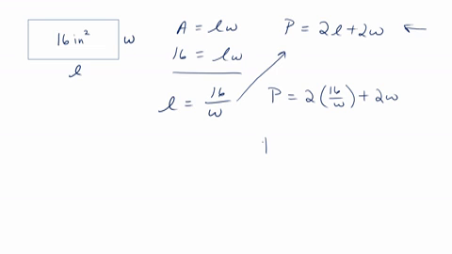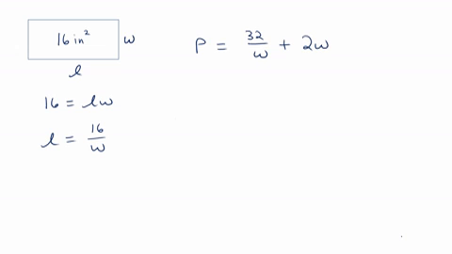We have perimeter P is equal to 32 over W plus 2W. Now let's find the derivative of P. P prime would equal the derivative of 32 over W, which is negative 32 over W squared, plus the derivative of 2W, which is just 2.